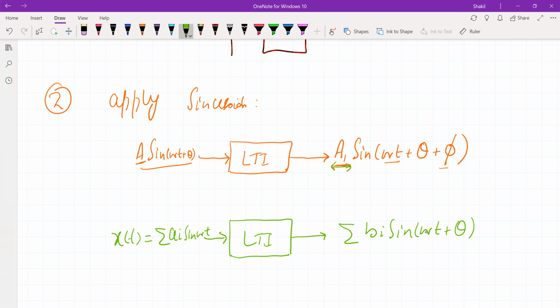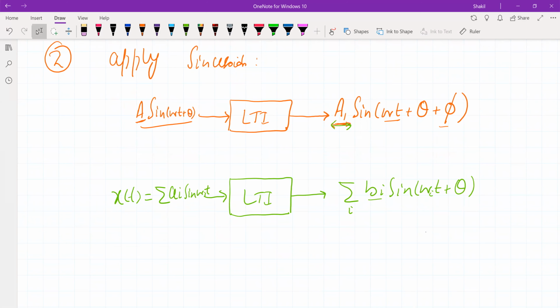Depending upon which bi is non-zero, that omega i at the output is non-zero. If any bi is non-zero, that means that sinusoid is passed by this LTI system, and this will give us the bandwidth information of the system.